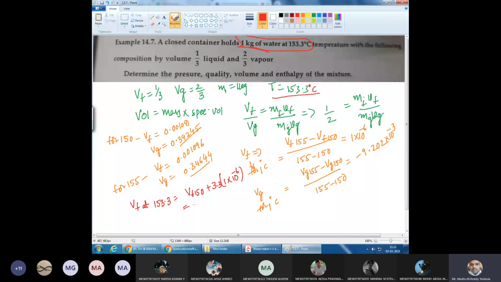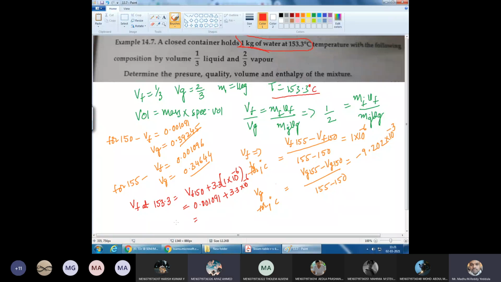Add this value, 0.001091, plus 3.3 into 10 power minus 6. How will you get it? This is 3.3 into 10 power minus 6, that is 0.000033, like that you will get it.